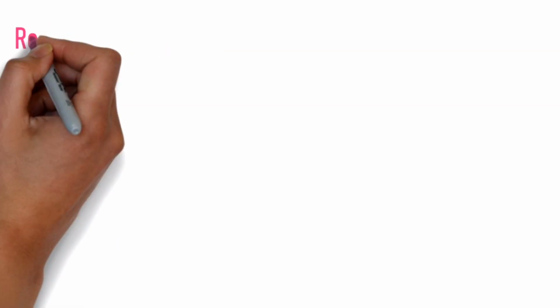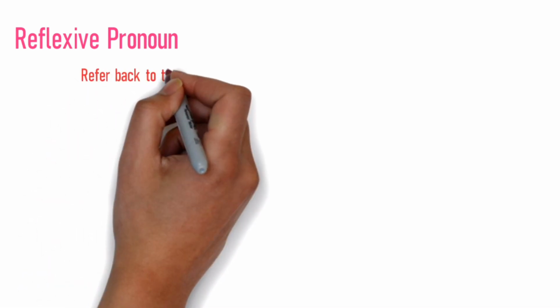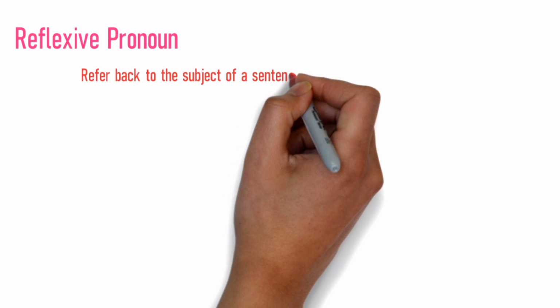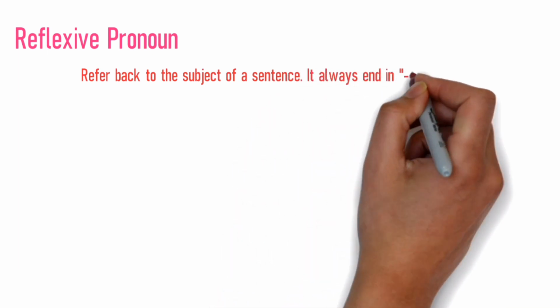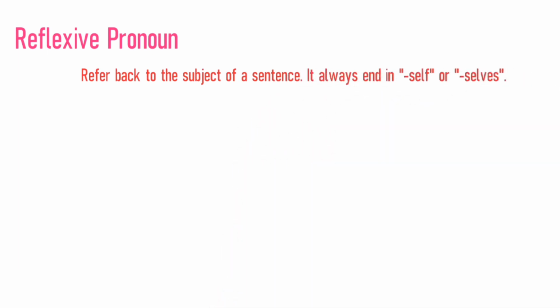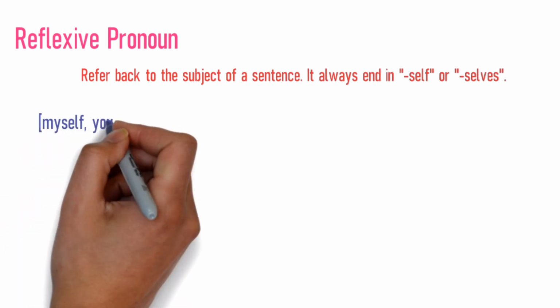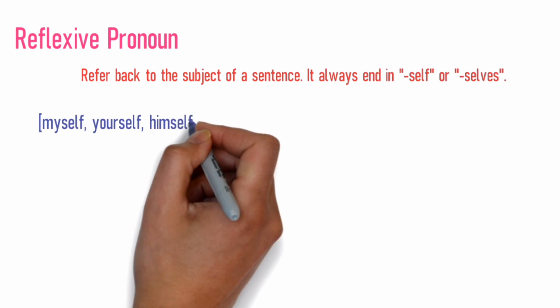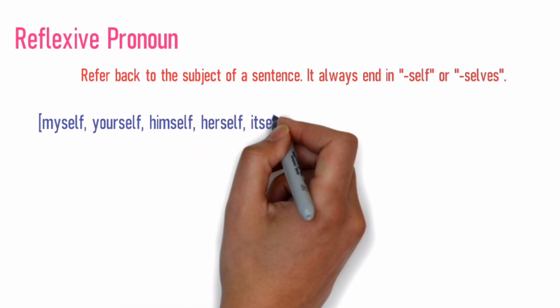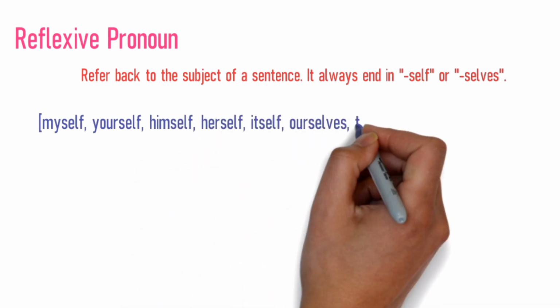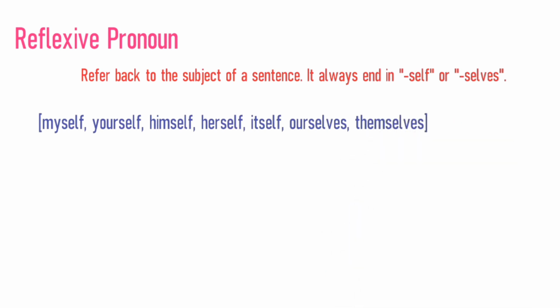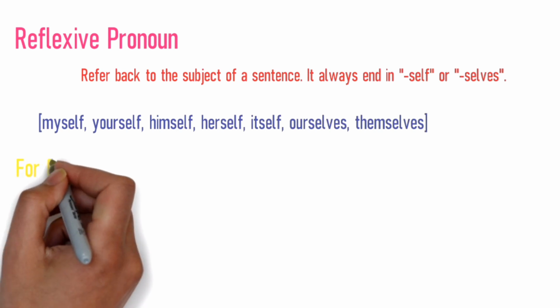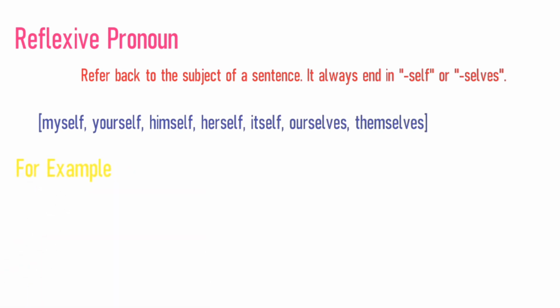Reflexive pronouns. Reflexive pronouns are used to refer back to the subject of a sentence. They always end in -self or -selves. It includes myself, yourself, himself, herself, itself, ourselves, and themselves. Let's look at some sentence examples.